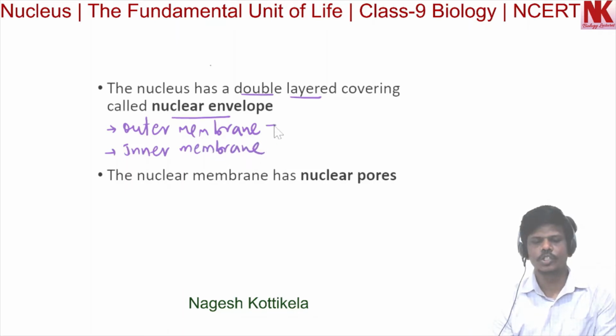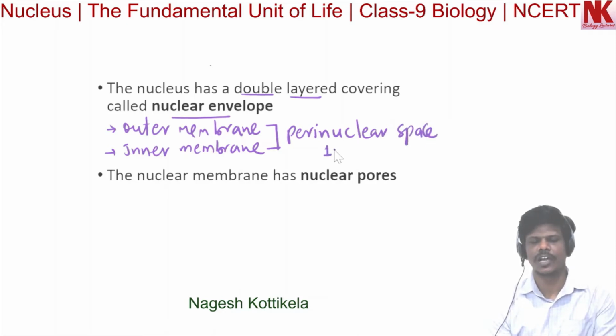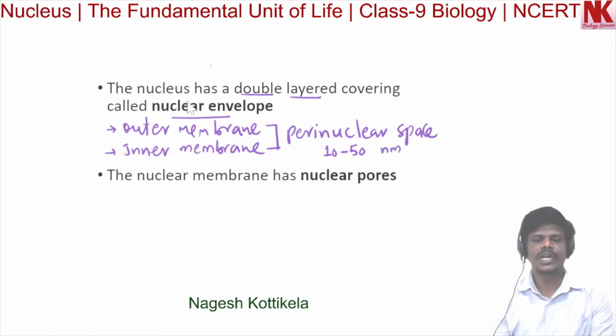And between these two membranes, there is perinuclear space, and this perinuclear space is about 10 to 50 nanometers. So the nuclear envelope is formed by the two membranes, outer membrane and inner membrane. Between these two membranes, there is a space called perinuclear space, which is about 10 to 50 nanometers.